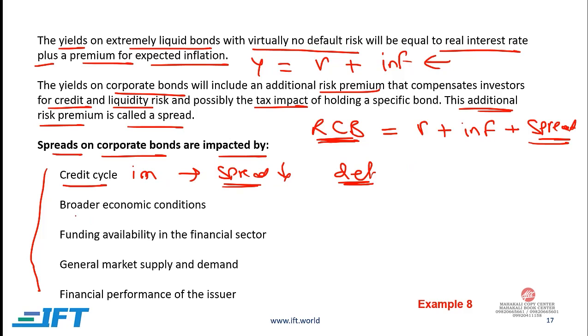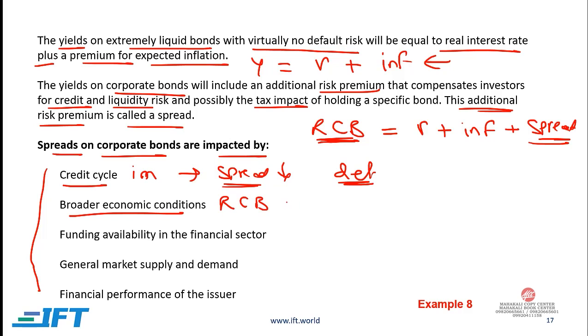Spreads are also impacted by broader economic conditions. Credit spreads widen in a weak economy and narrow in a strong economy. And here again, the reason is quite obvious. When the economy is strong, more money flows into risky corporate bonds.